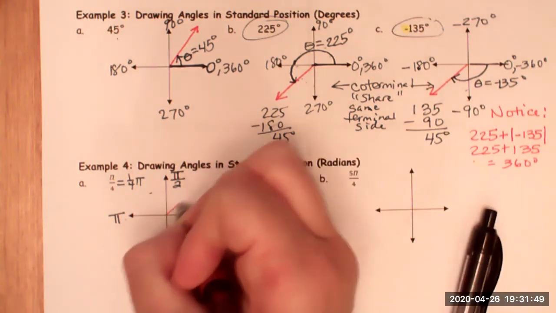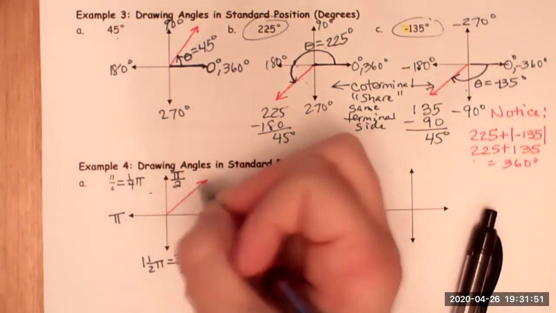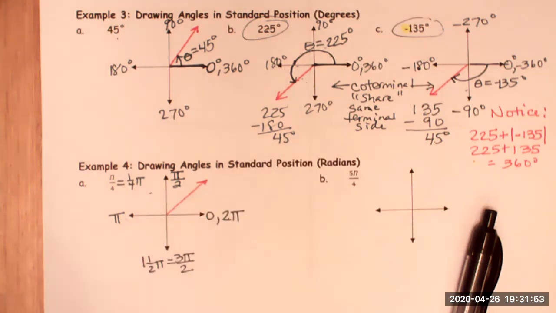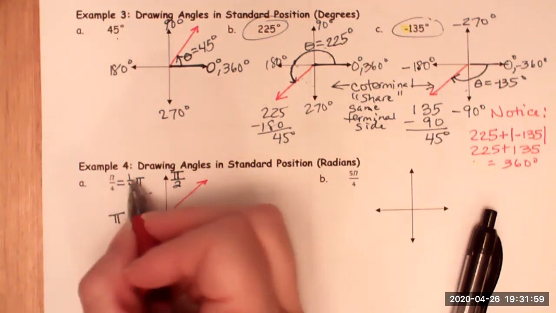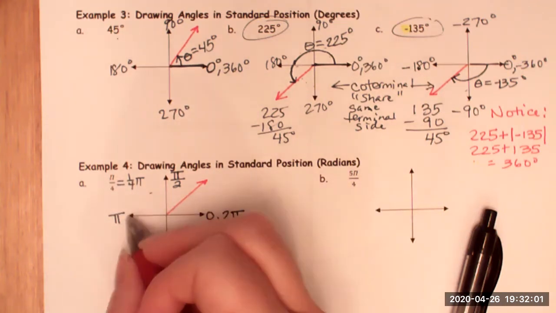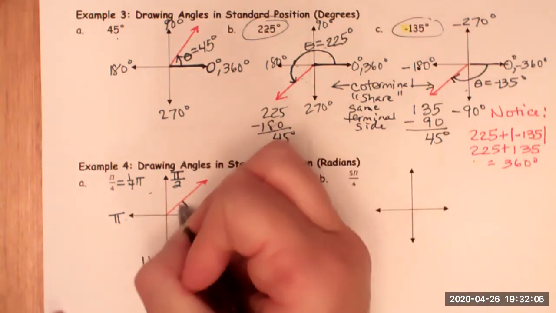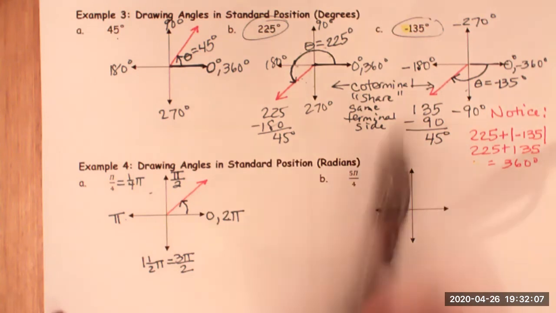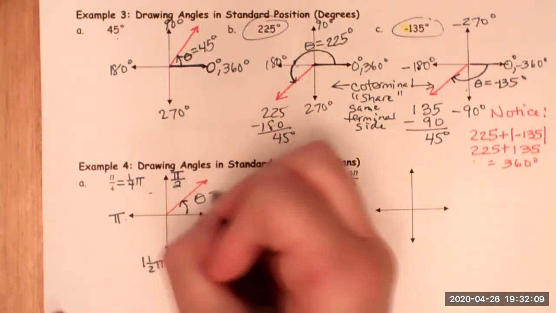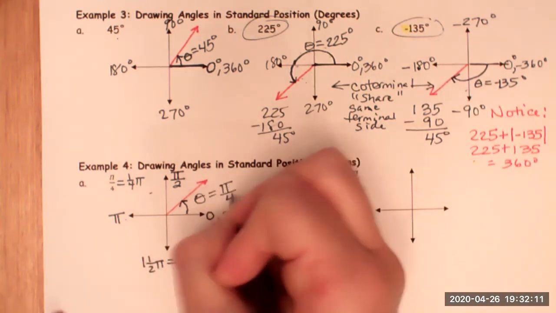So don't get too confused with these radian measurements because you're really just using fractional values. Just think of these as fractions. Pi over 4 is 1/4 of pi, so it's 1/4 of the weight of pi. And so we'll draw that rotation in, and we will label it theta equals pi over 4. Okay?